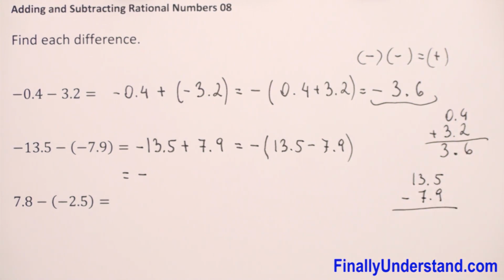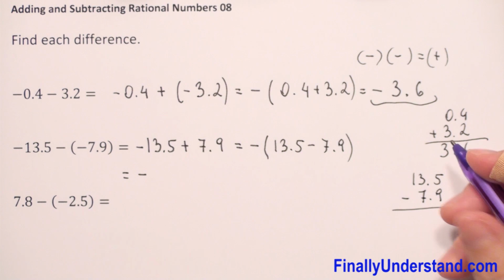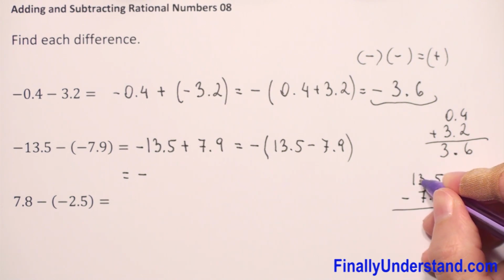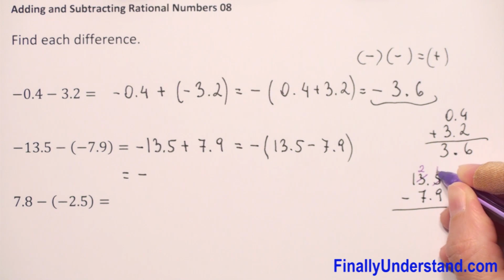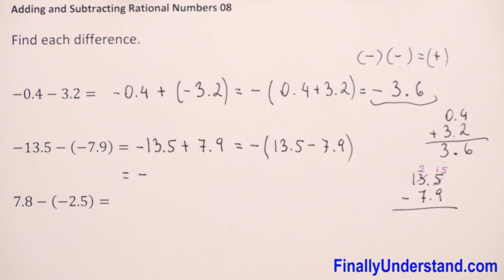5 minus 9 we cannot do, so we borrow 1 from 3. So it will be 2, and now we have 15 at the end. 15 minus 9 is 6. We copy the decimal point. 2 minus 7 we cannot do, so we borrow 1 from tens.